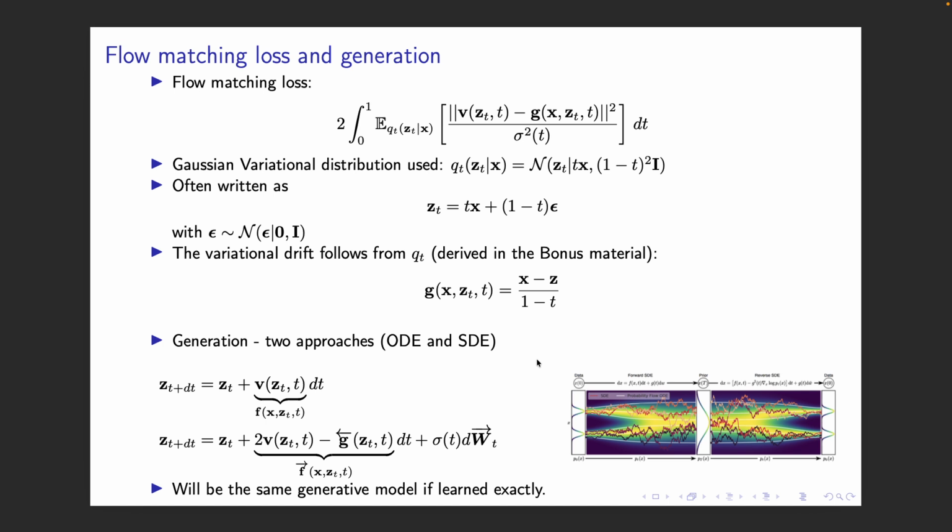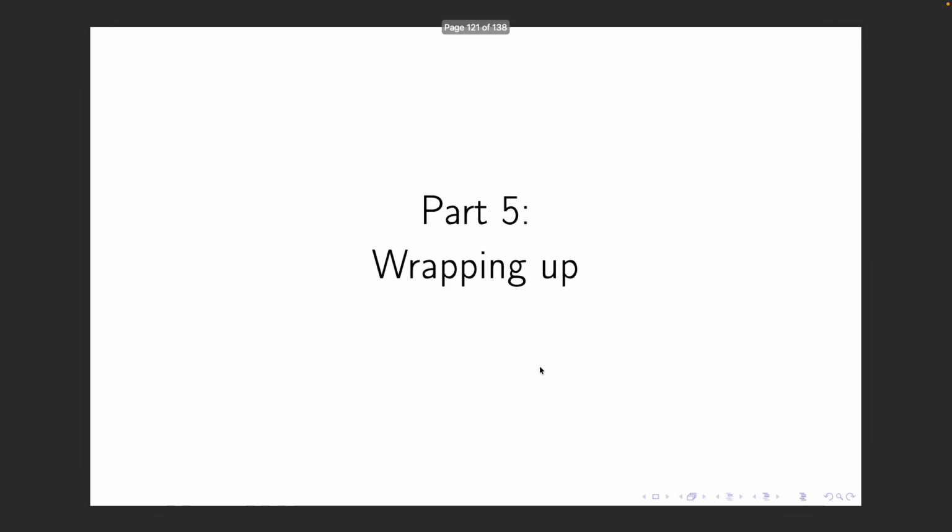And if everything works out perfectly, we can do something even more brilliant. We can draw data from the model either by using the ODE, the white paths, or using an SDE, the rugged paths, right? So that's nice, that there are two equivalent ways of getting data from the model.